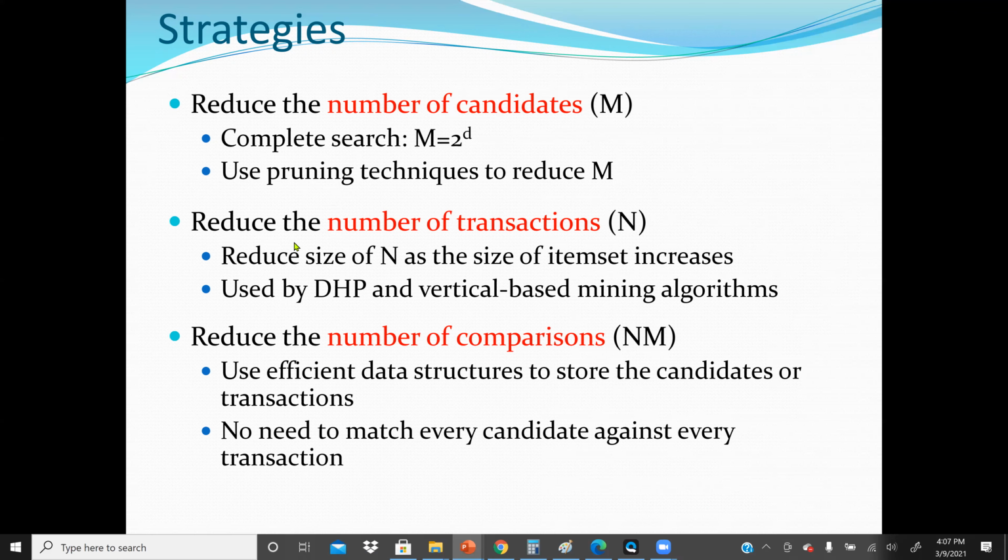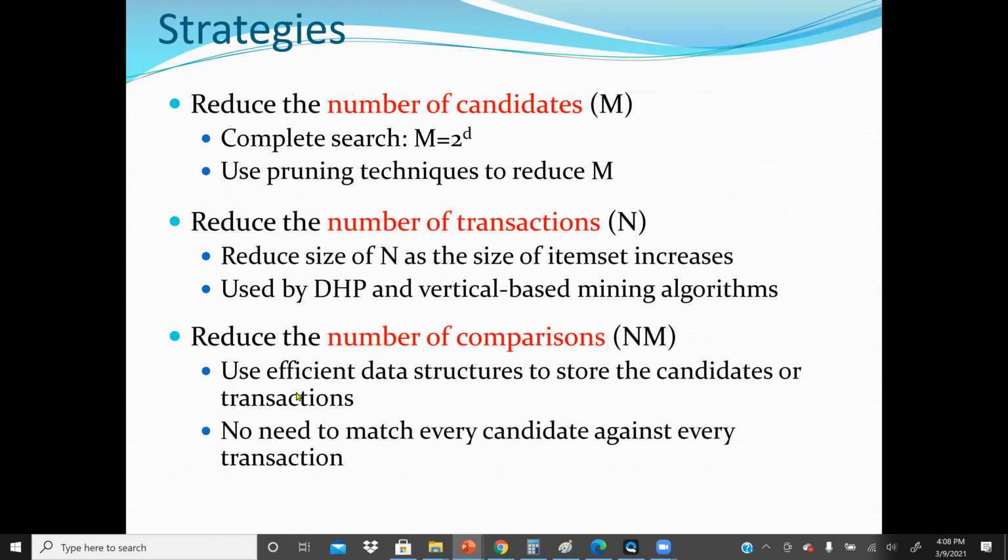Next, we can also reduce the number of transactions N. Here we reduce the size of N as the size of the item set increases. Here we are going to use the DHP and vertical based mining algorithm. We're going to discuss this in more detail in our next lecture. Also, we're going to reduce the number of comparisons.